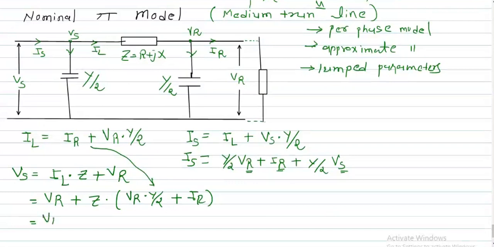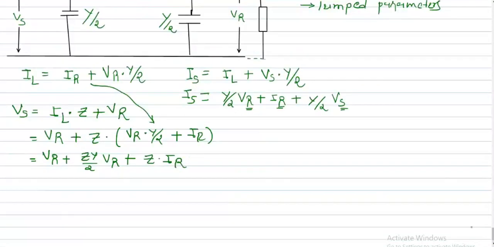So it is VR plus ZY by 2 into VR plus Z into IR. So again I will simplify this equation. It is 1 plus ZY by 2 into VR plus Z into IR.